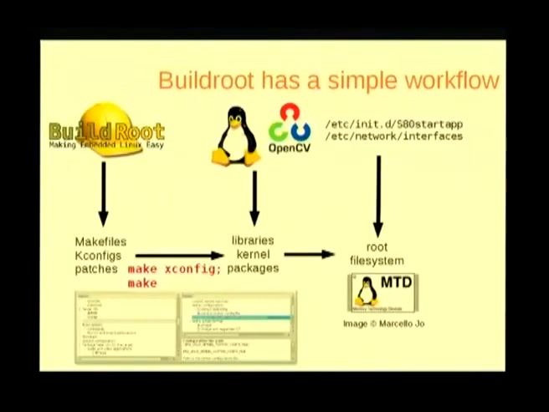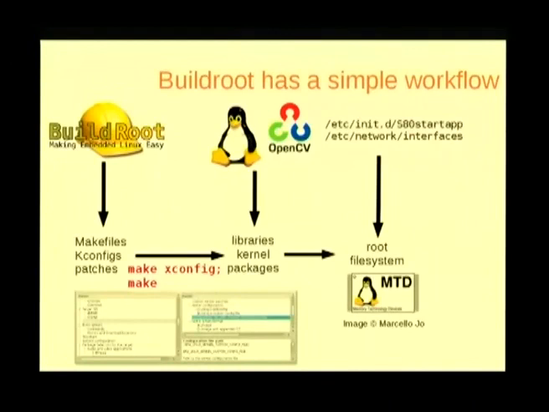So the workflow is pretty simple. You download buildroot, which is these makefiles, kconfigs, and patches. Then you do a make xconfig, do some selection, do make, and then wait. If you do a minimal install with downloading a pre-built toolchain, you can build it, including the kernel, in about an hour on my laptop.